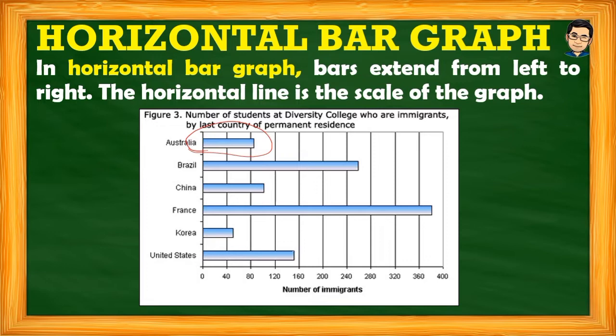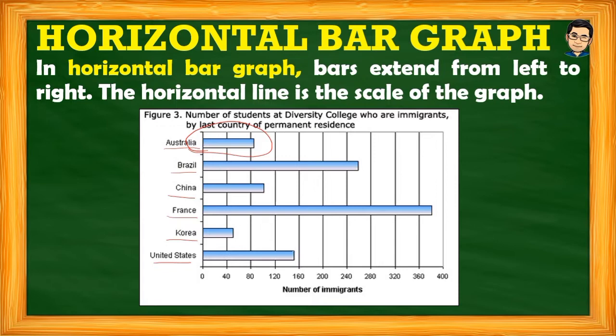So, as you can see, magkakahiwalay yung mga bars. Bakit magkakahiwalay? It's because different categories po kasi yan. Dito sa ating information, different countries po yan: Australia, Brazil, China, France, Korea, and United States.